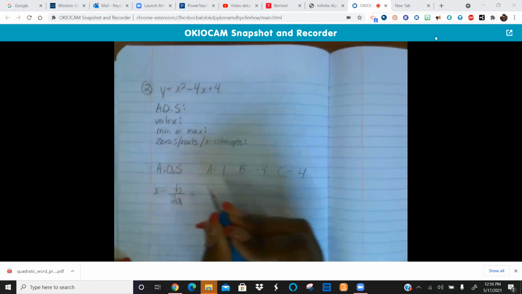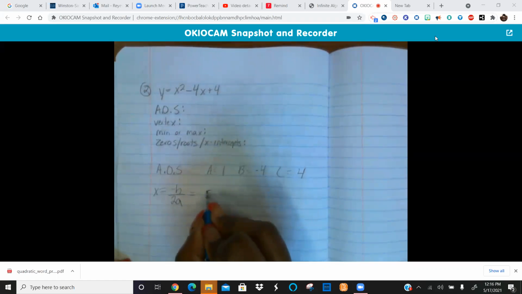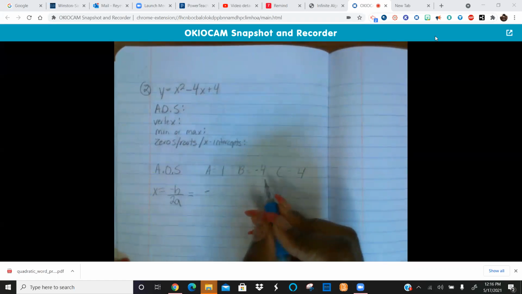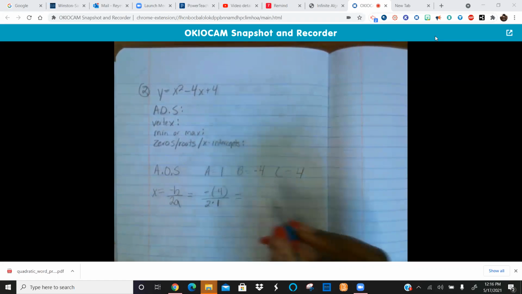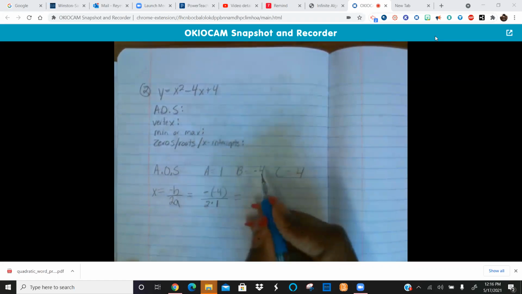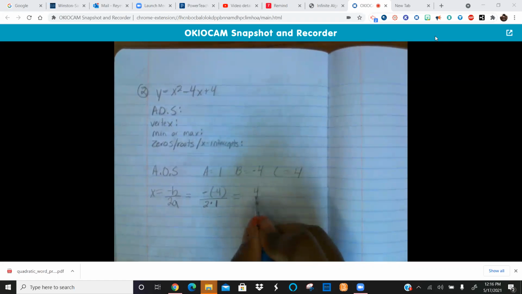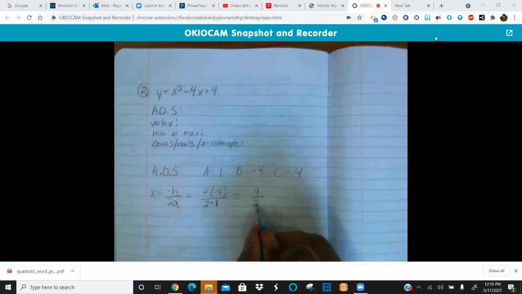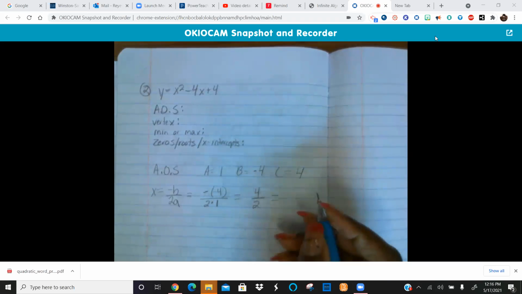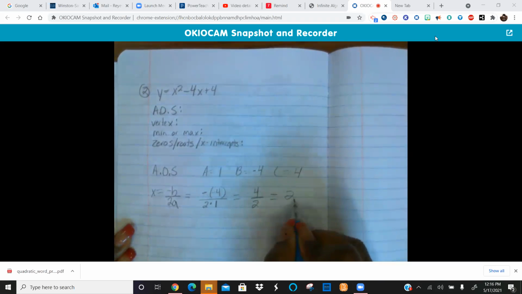All right, so let's substitute. We have negative as a part of the formula, and we substitute B, which is negative 4. Then on the bottom, we have 2 times 1, because A is 1. A negative times a negative is now positive. So that's positive 4 divided by 2 times 1, which is 2. When we simplify this, we get X is equal to 2.